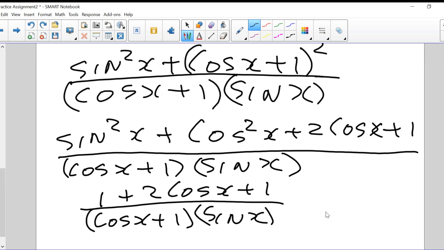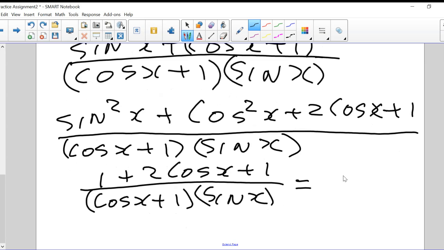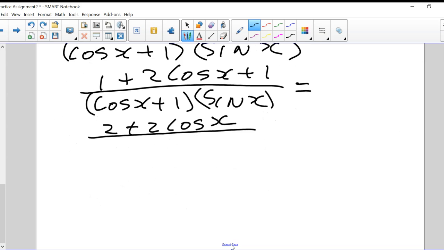And the top of this can be simplified. It's going to be 2 plus 2 cosine x. This is all in the recording, so you can review this more slowly later on. So it's 2 plus 2 cosine x over cos x plus 1 times sine x.